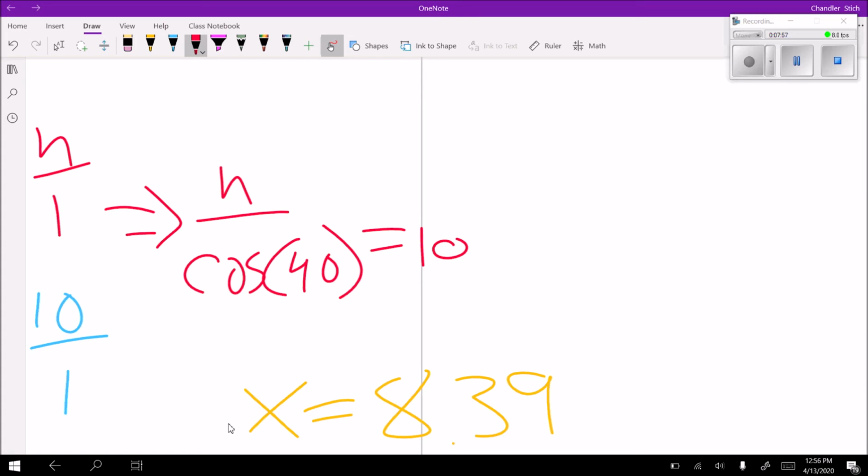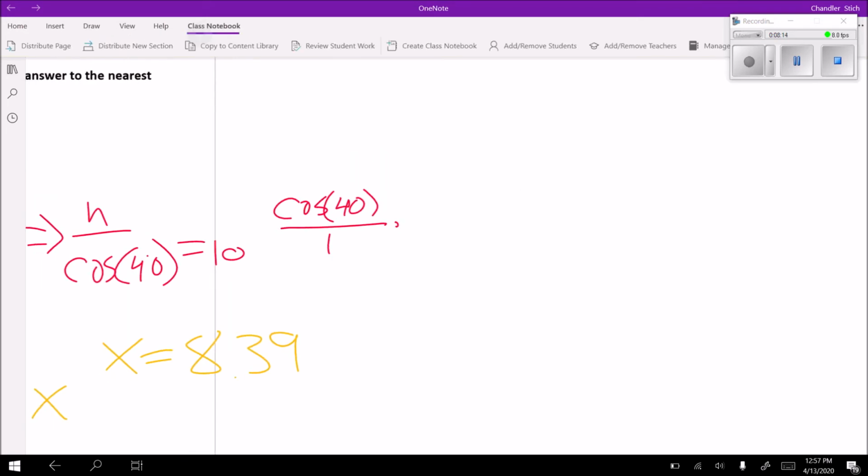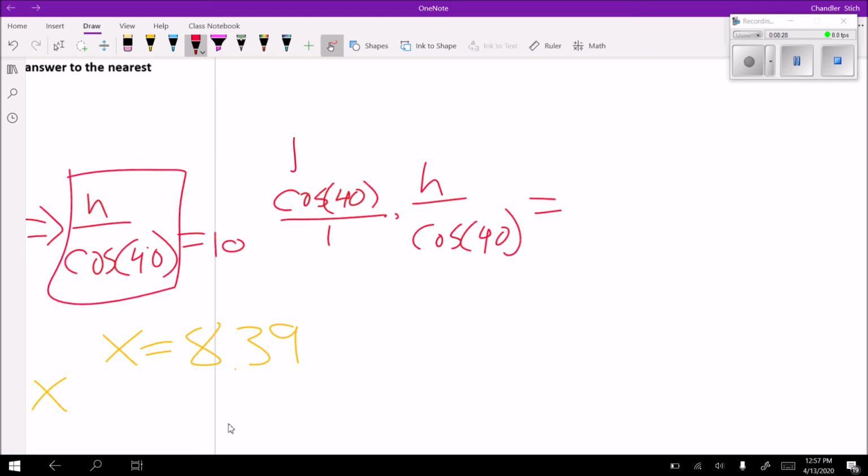Well, if I want to get rid of this fraction, I'm going to do cosine of 40 over 1 times both fractions. So what I'm doing is I'm multiplying this left side right here by that, and then I'm going to multiply the right side by that too, so cosine of 40 over 1 times 10.